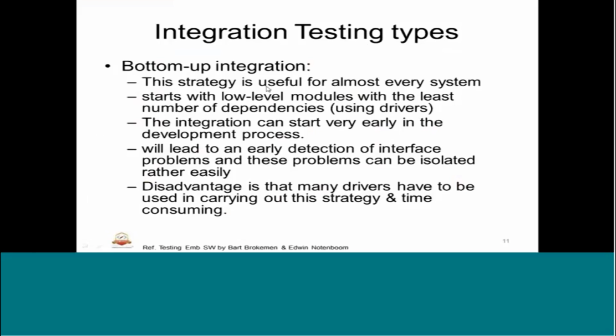Basically this is very useful in most of the systems because errors could be anywhere and it is easier to identify when you start with the lowermost part, so that the higher level modules are easier to integrate at a later stage. That is the usefulness of the bottom up integration.